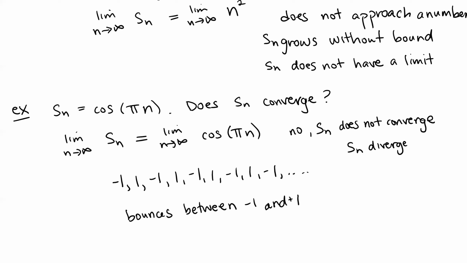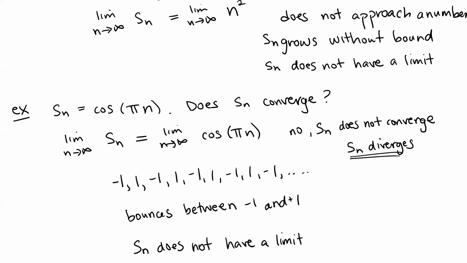So remember, anytime our sequence does not converge, we say that it diverges. So our sequence here diverges. It does not have a limit. All right, so if Sn doesn't have a limit, that also means Sn diverges.